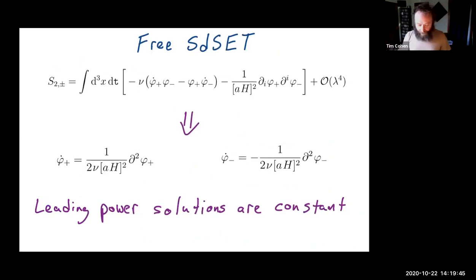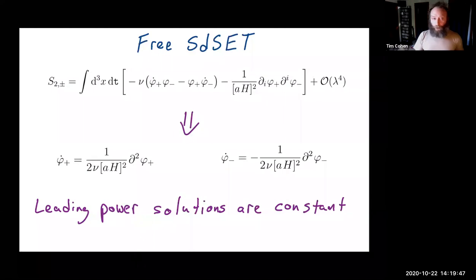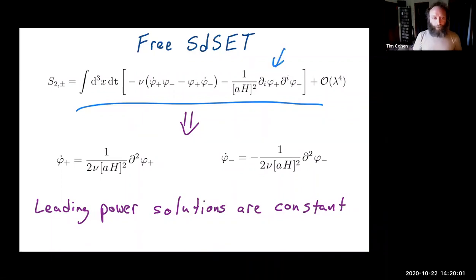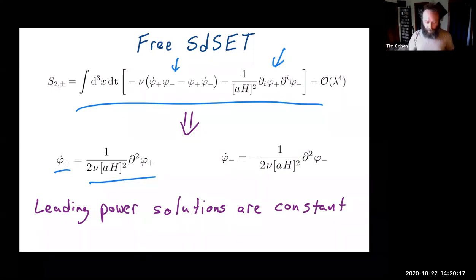So to see that, let's assume it's true, okay? So that reduces us to the free soft de Sitter effective theory, okay, to order lambda squared. Note I've included the leading, or the first subleading term in terms of power counting here. So this is the kinetic term. And you can just solve this. So it tells you that the phi plus time derivative is 0 to leading order, which is great. That was by construction, right? We stripped off the time dependence when we defined these fields.